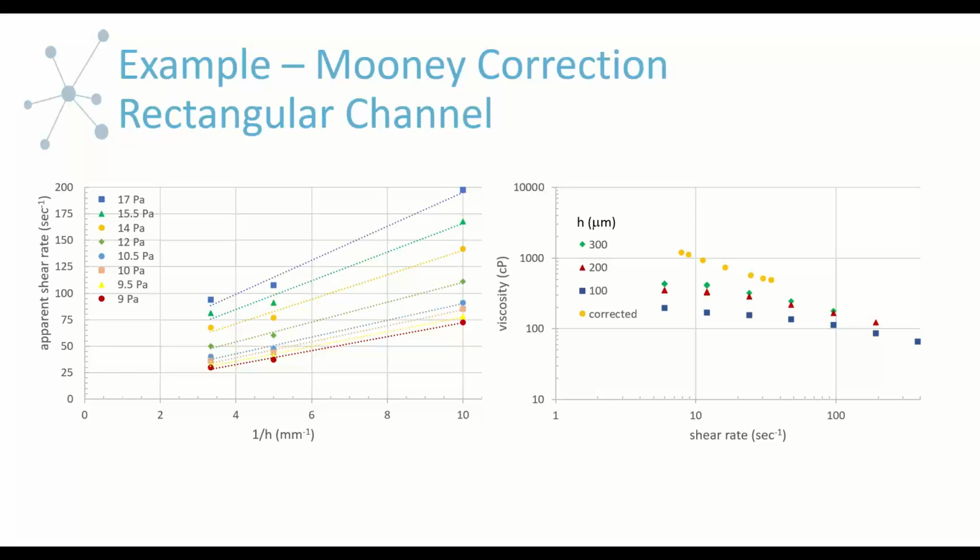In that case, instead of changing channel depth, you would work with, say, parallel plates and then change the gap distance and do multiple measurements at different gaps. So slip can be handled in pretty much every situation if you're able to do that variation in either gap or channel depth.